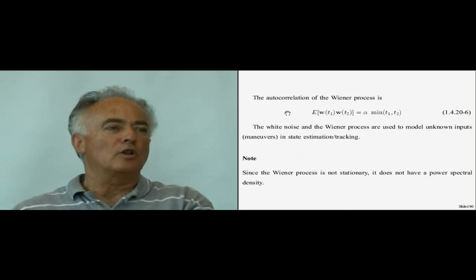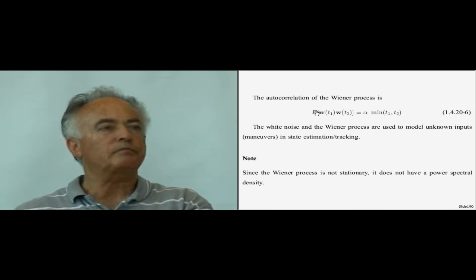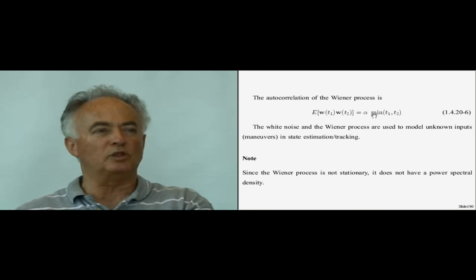Now, the Wiener process has the following autocorrelation. Again, proof is in the text. The expected value of w(t1) times w(t2) is alpha times the minimum of the two values of time, t1 and t2.